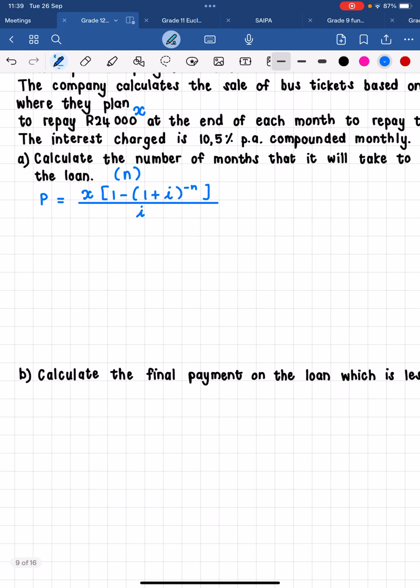That's the loan amount. That's 800,000. Equal to the X value.